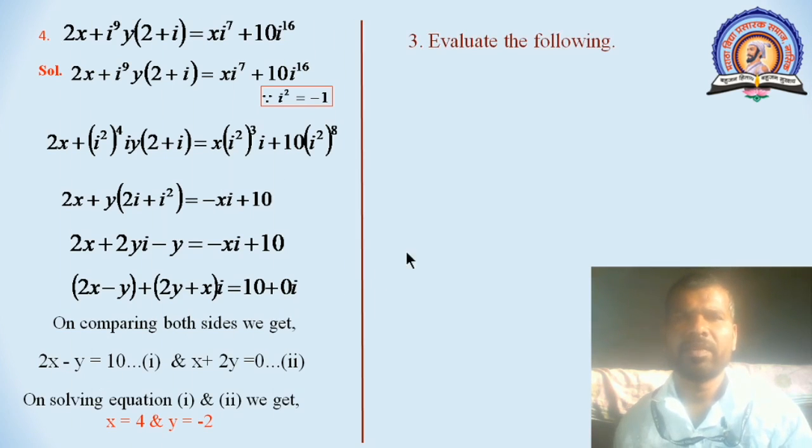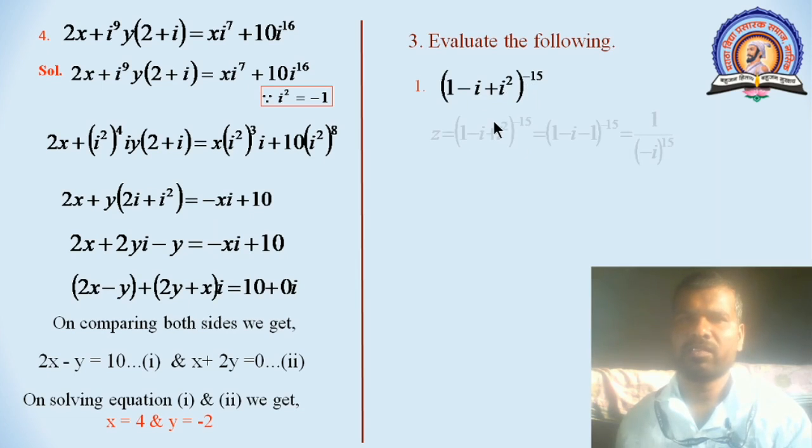Next example is to evaluate the following: (1 minus i plus i square) raised to minus 15. So we'll put the value of i square as minus 1. We have (1 minus i plus i square) raised to minus 15 is equal to (1 minus i minus 1) raised to minus 15.